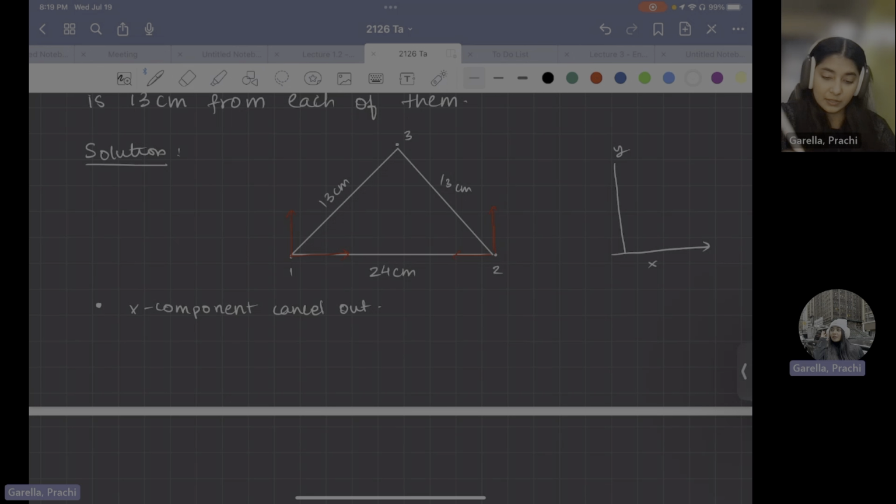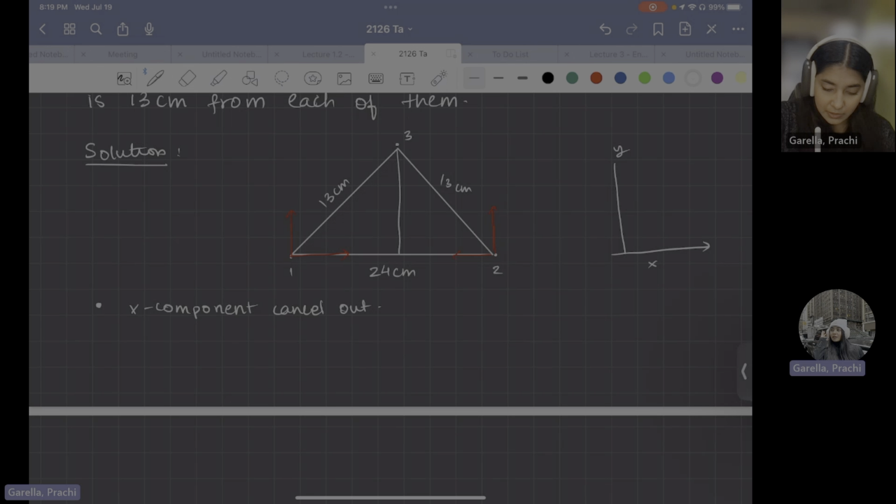For that, we draw a perpendicular. Now each of these is a right angle triangle, right? We have theta here.